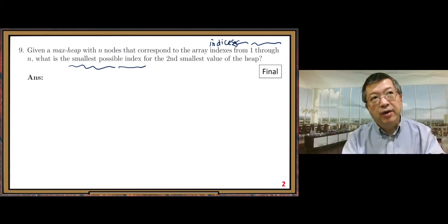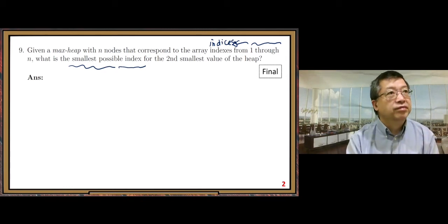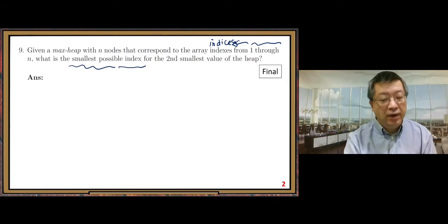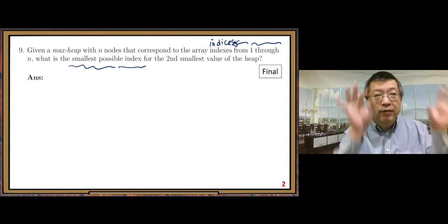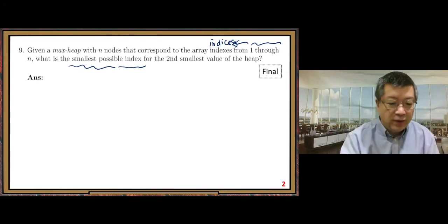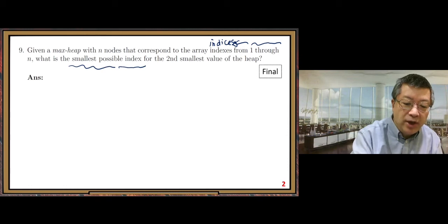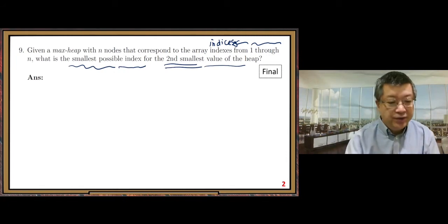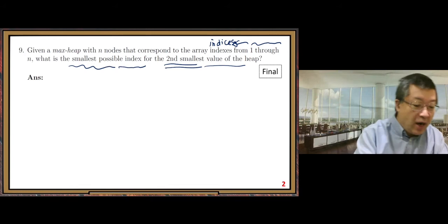Because index 0, we do not use it. We just skip it. So 1 through n, we use them to store the nodes. Smallest possible index for the second smallest value of the heap. So this one, here I do analysis.